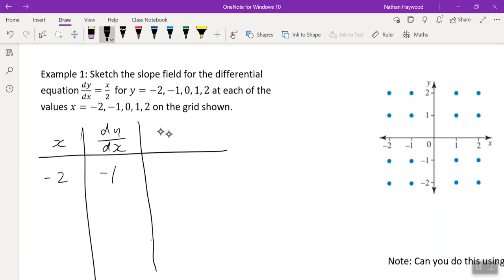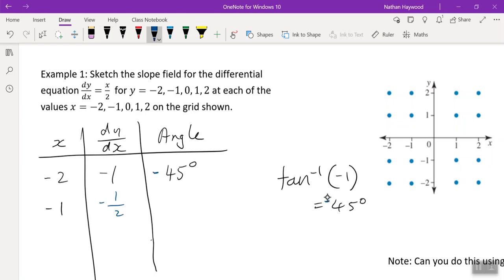The last column is the angle that it forms. So what is the angle that slope -1 forms? Rise of -1 and run of 1, 45. Let's go just drawing these two before I keep going.